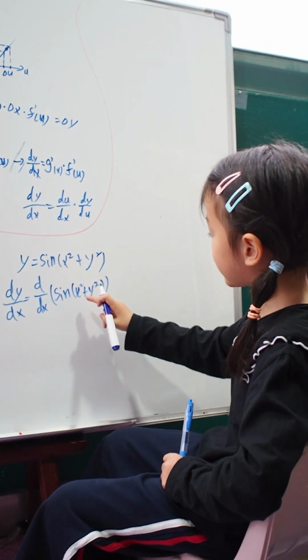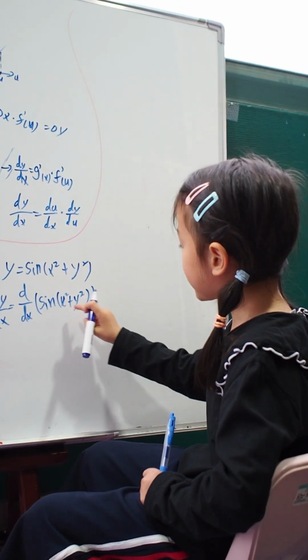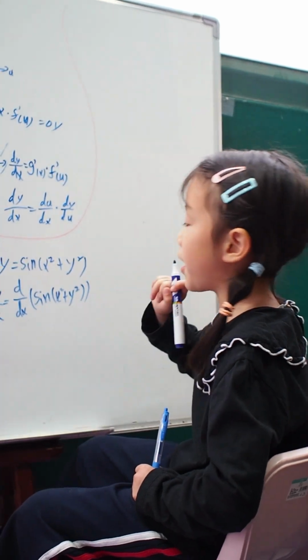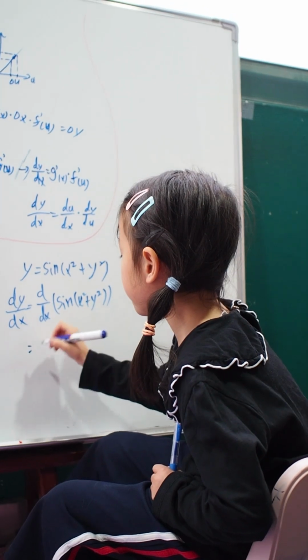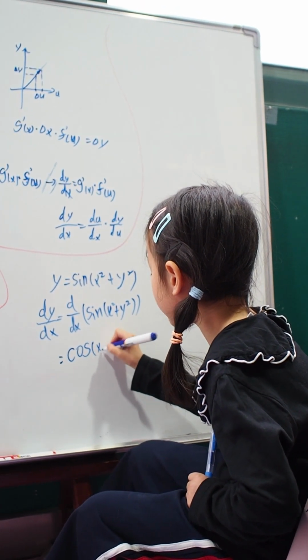Regardless of what's inside, if you have an increment in this one, you will get an increment in sine of this one, so you get the last slope equal to cosine of x squared plus y squared.